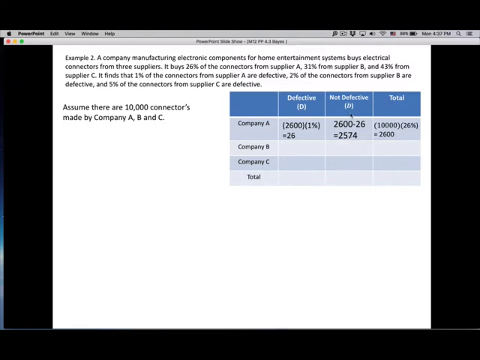Okay, now I want you guys to use this information. Try to fill out this table. Okay, check your work.